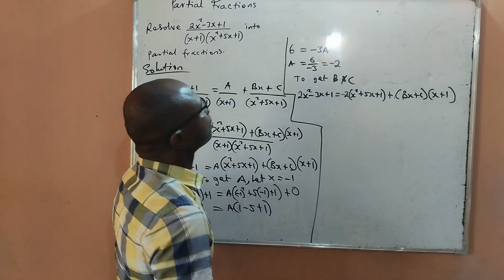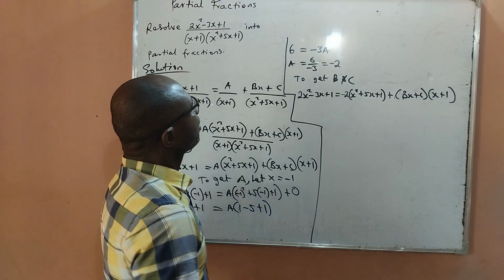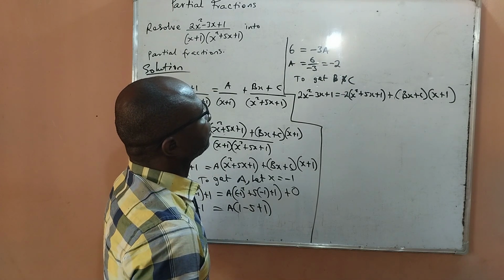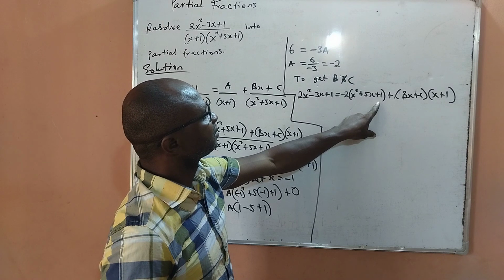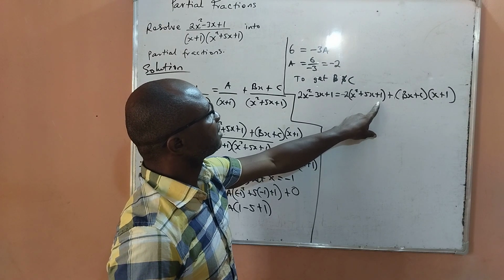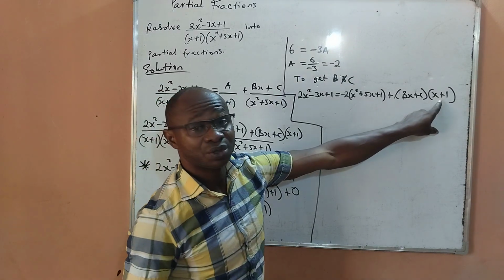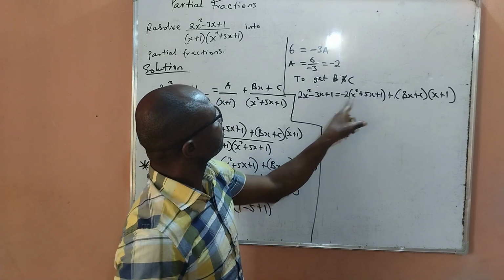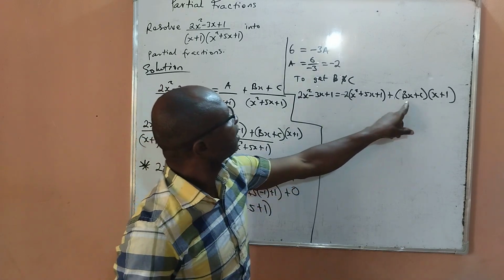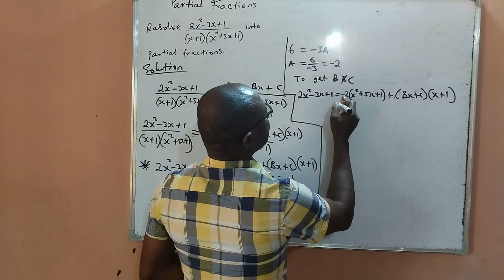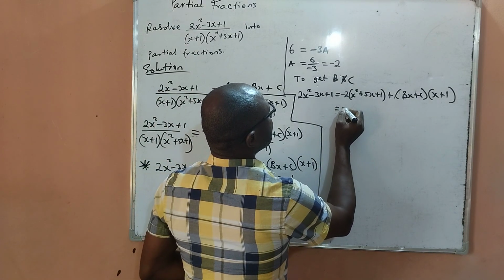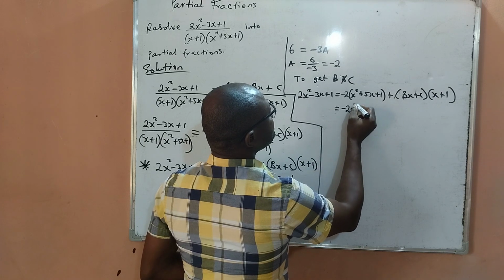Okay, so what then will I do next? I can open this bracket here, and after opening the bracket, I will multiply these two together. I will open the bracket here with negative 2, and I will multiply these together. So I am going to have minus 2 multiplied by x squared will give me minus 2x squared.